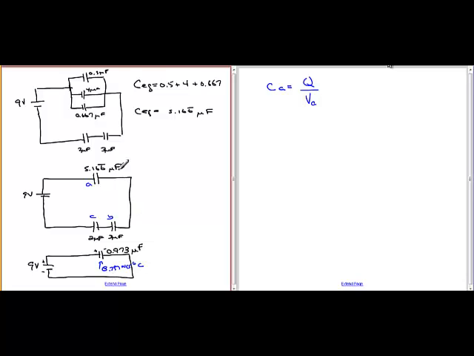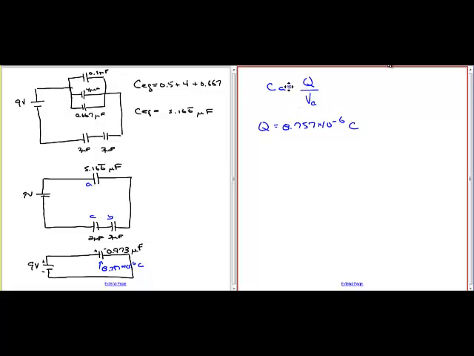And what's going to happen is, going backwards, this charge across the equivalent capacitance is the same across each one of these. So what we can say coming up here is that for the part that we go back one step, Q is equal to 8.757 times 10 to the minus 6 coulombs for every one of these capacitors. So the numerator stays the same.